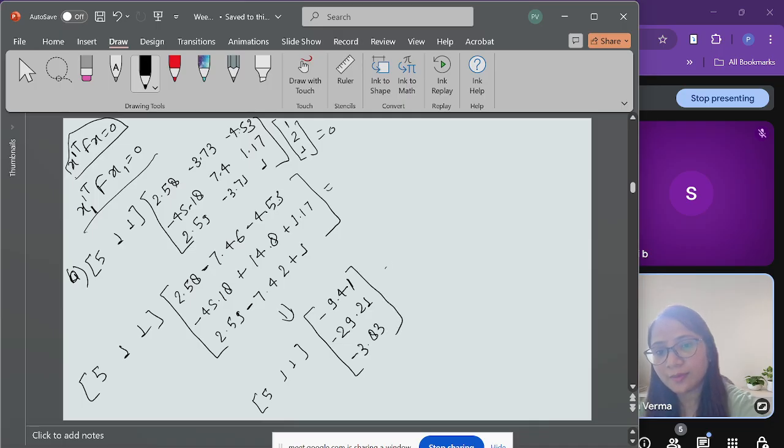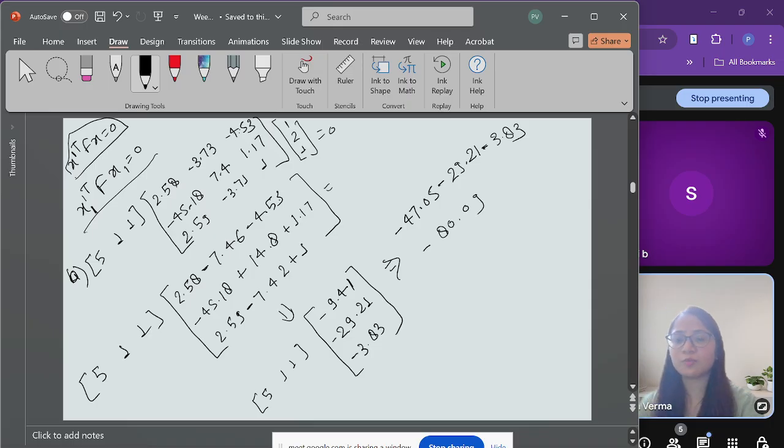If you multiply these two, you will get minus 47.05, again minus all the minus values. So 29.21 minus 3.83, if you calculate it, you will get 80.09. Option B is also not matching, it is not equal to 0. So that means option B is also not a correct option.